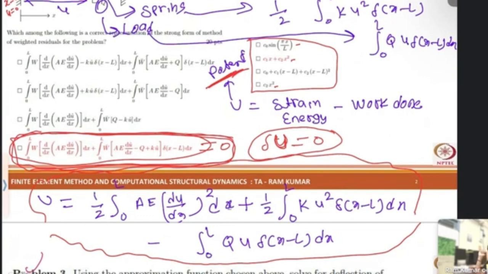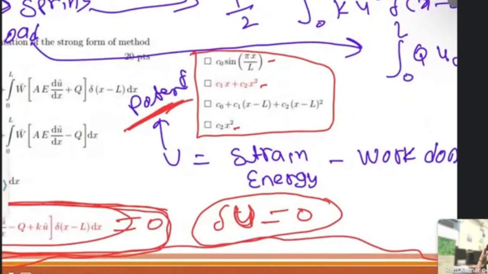So first one, this is essential boundary condition. Only this one is satisfying both, but that function, let's support. But this function is not satisfying boundary condition at right support. So this one will be the choice. This will be our answer.